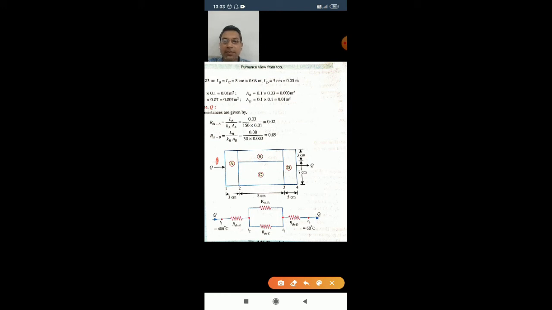The first thermal resistance offered to heat is the surface resistance of A, denoted by RTH A. Then there are two walls, B and C. Now the heat is in parallel. Therefore I have shown a parallel circuit B and C, then again in series.